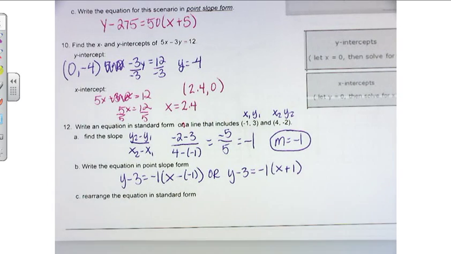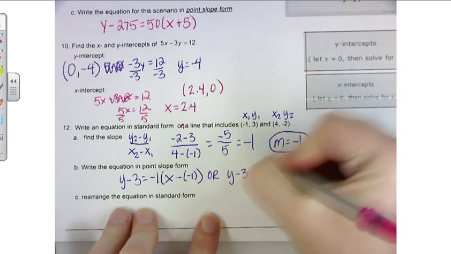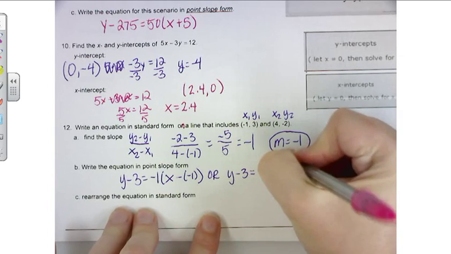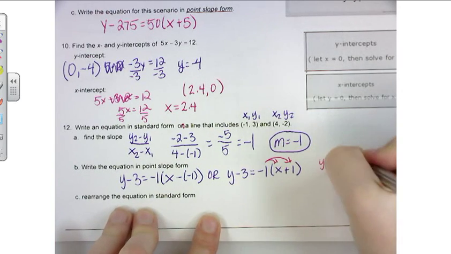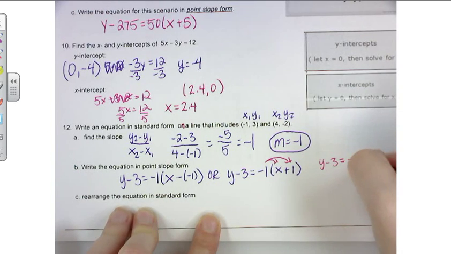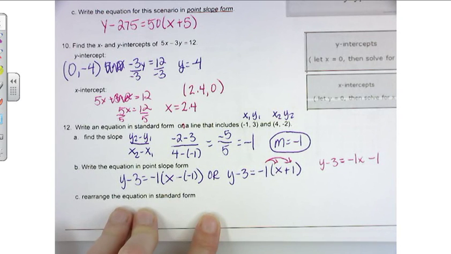They are both right. Okay, now you have to get this in y-intercept form. So the next thing you have to do is distribute. Multiplying, you're multiplying here. So we have y minus 3 equals -1x minus 1, because -1 times 1 is -1.